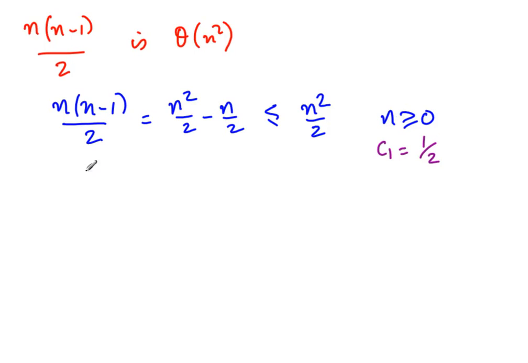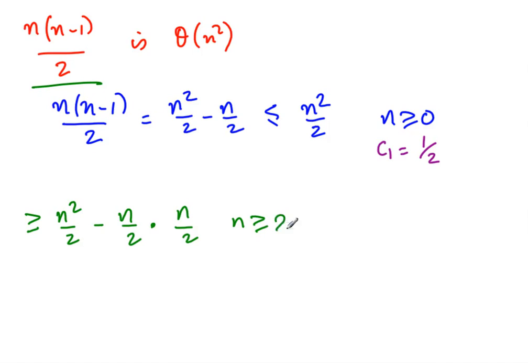On the other side, I can say that this function is going to be bigger than or equal to n squared by 2 minus n by 2 times n by 2, provided that this particular thing is at least 1. So I now need n to be bigger than or equal to 2. Right? So that n by 2 will be 1, and so this is going to be bigger than or equal to n squared by 4 for n bigger than or equal to 2. So now I have two bounds.